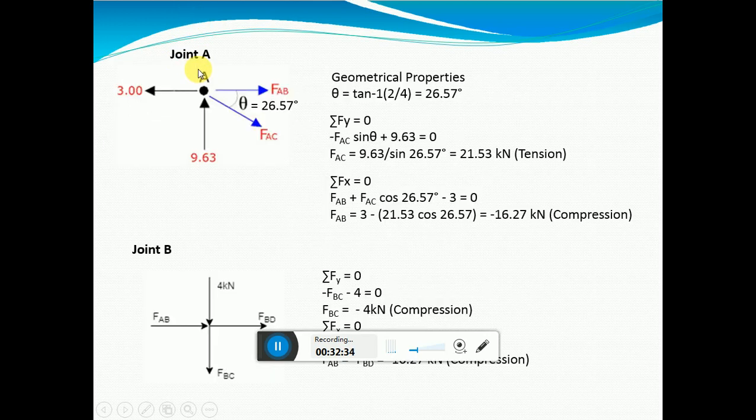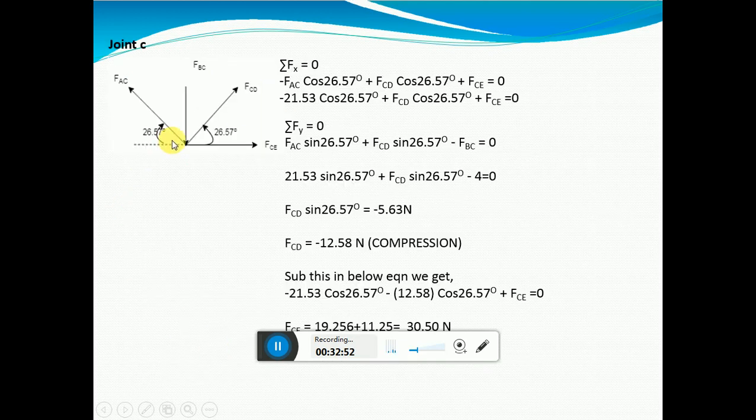FBC we found as negative, correct? So instead of moving out of joint B, it should move in for joint B. Likewise, it should move in for joint C, because we got it as negative. Otherwise, all the forces would have moved outside if it was in tension. So now this arrow mark will be moving inside joint C.